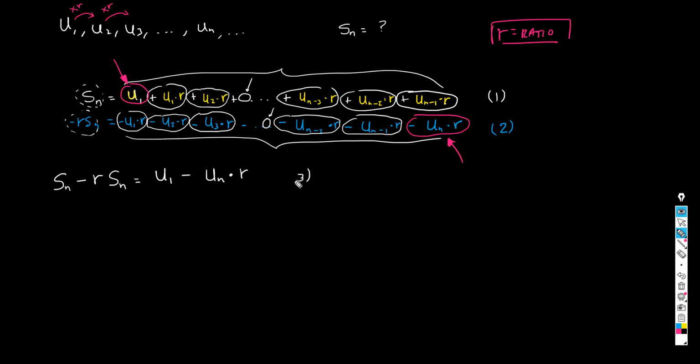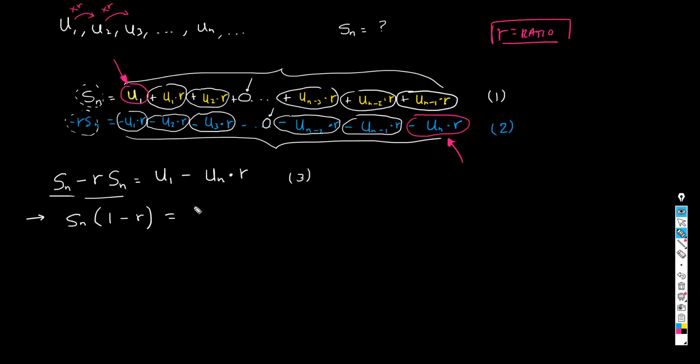We have this equation number 3, and from here it's just a walk in the park. We have already passed the difficult stuff. Now look at this, guys. We have this term and this other term. What is the common factor? It's Sn, as you can see. Sn that multiplies 1 minus r. So let's factorize.